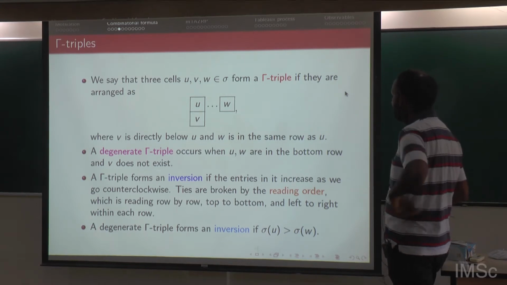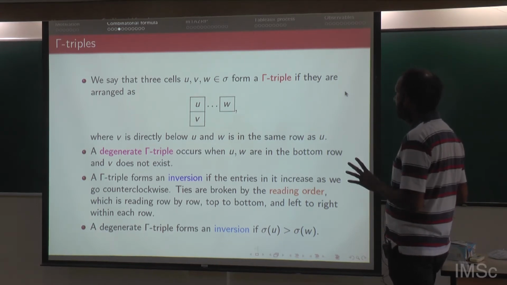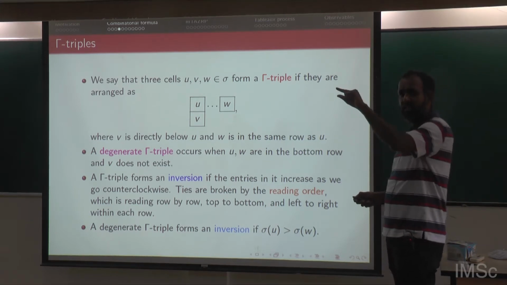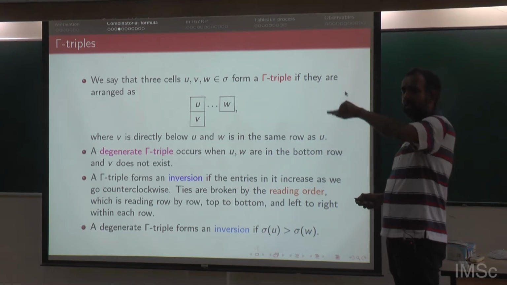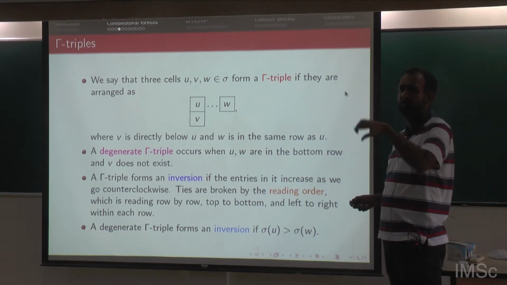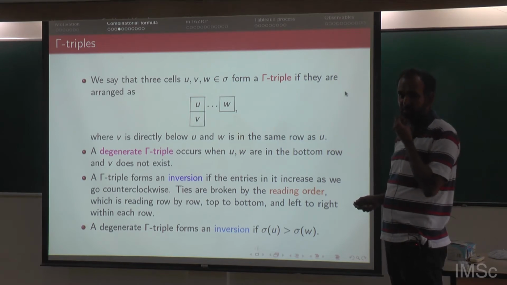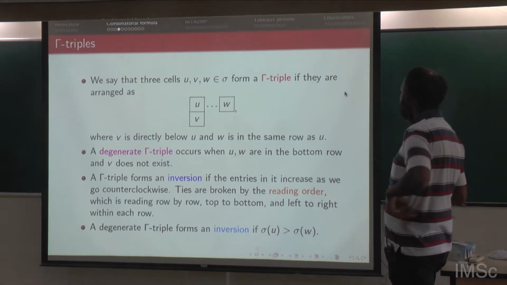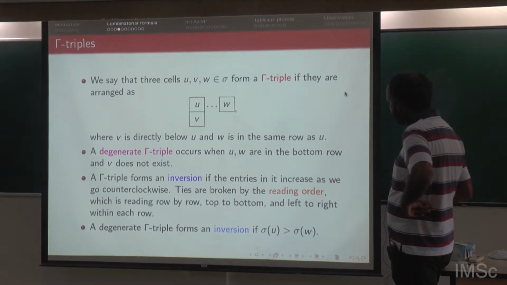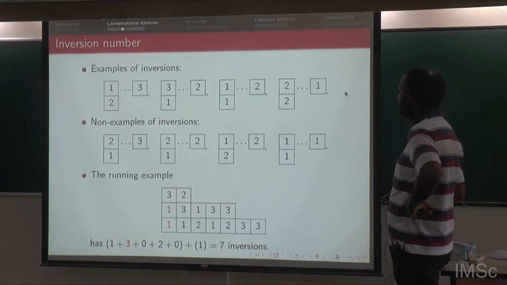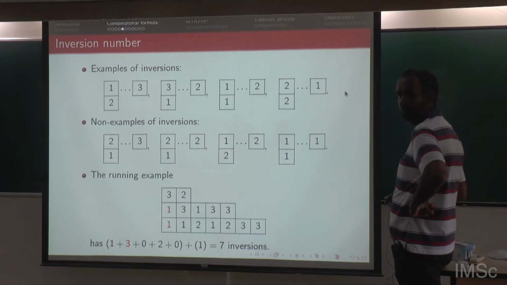The basic idea is, assume that these 3 cells are distinct, then either when you read clockwise or counterclockwise, you will find them in increasing order. Only one of them is possible, right? So they form an inversion if the entries increase as we go counterclockwise. And forget about degenerate cases, but basically this forms an inversion because 1, 2, 3.